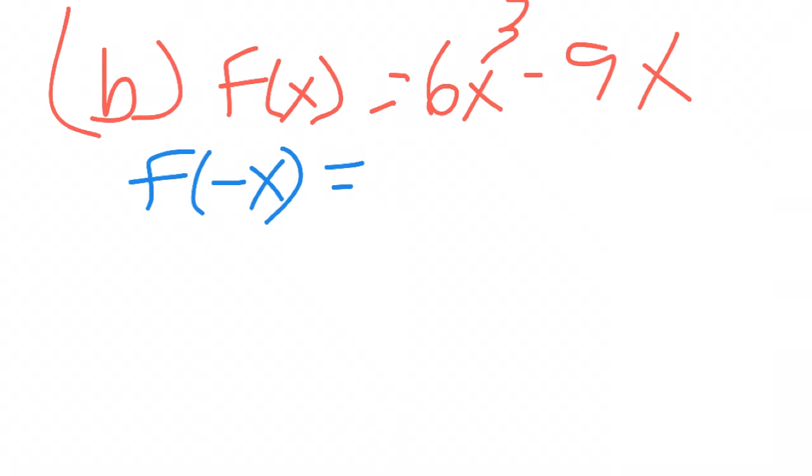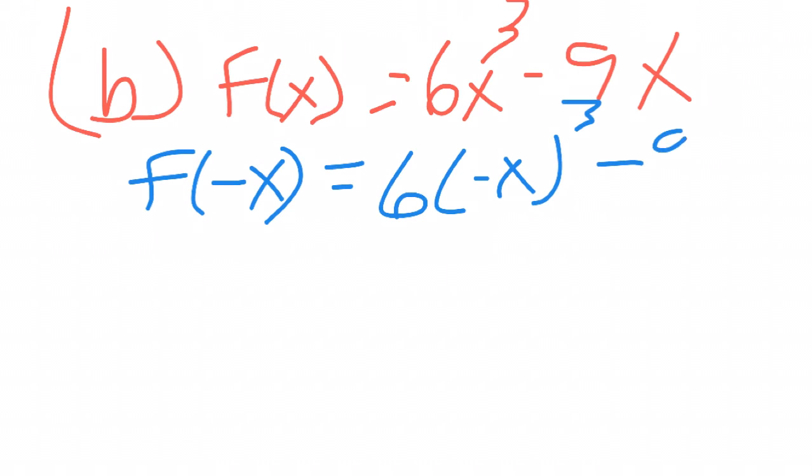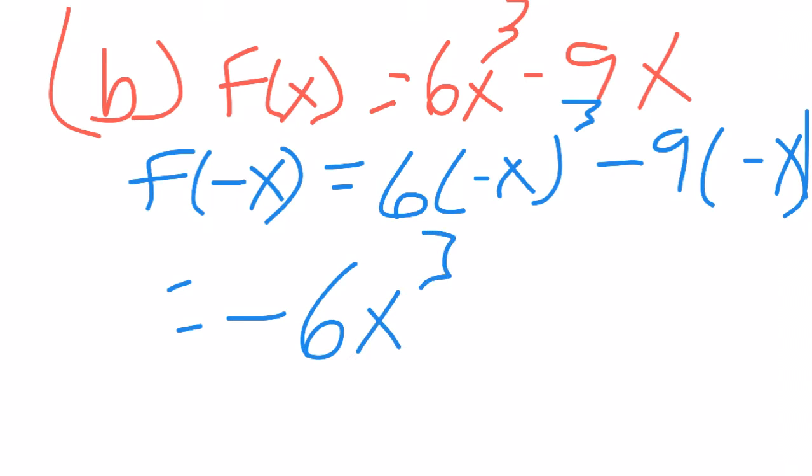So now if you plug in negative x, that'd be negative x to the third minus 9 times negative x. So now this simplifies to: the negative x to the third in parentheses would be negative x times negative x times negative x. Multiply that by 6, and that would give you negative 6x to the third.